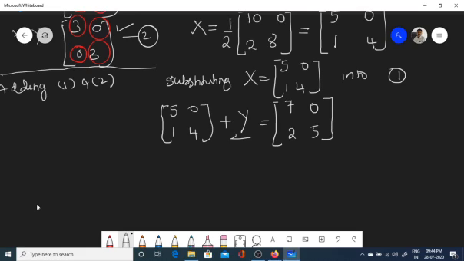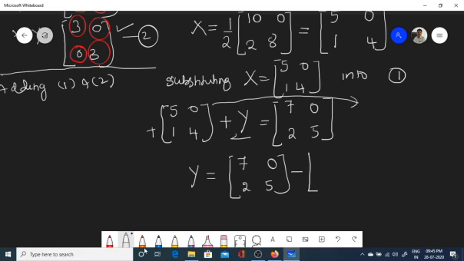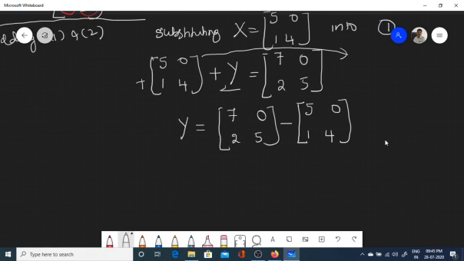So now we know that taking this matrix to the right hand side, the matrix Y will become 7 0 2 5, and this plus, when you come to the right hand side, will become minus 5 0 1 4. So we are having subtraction of two matrices.